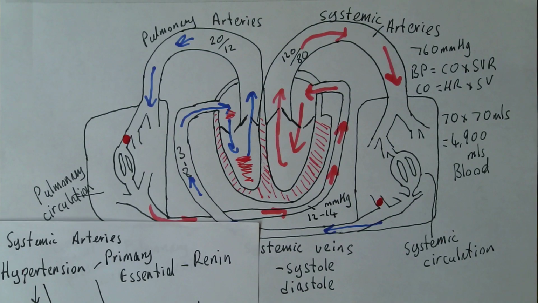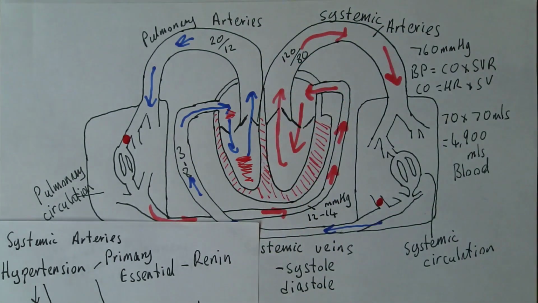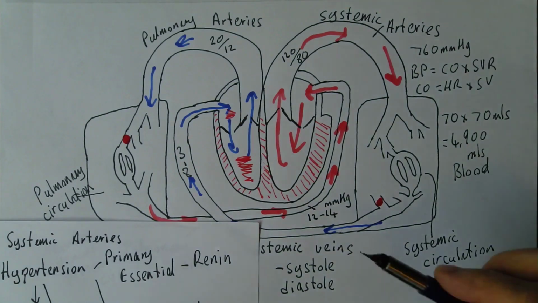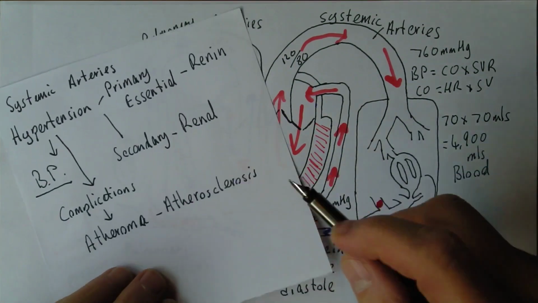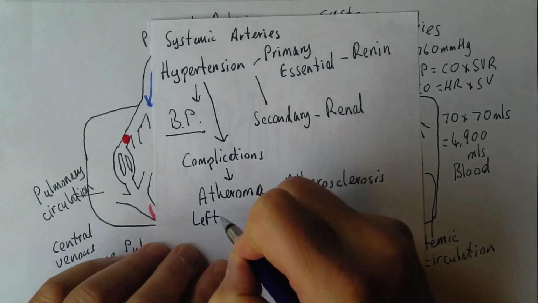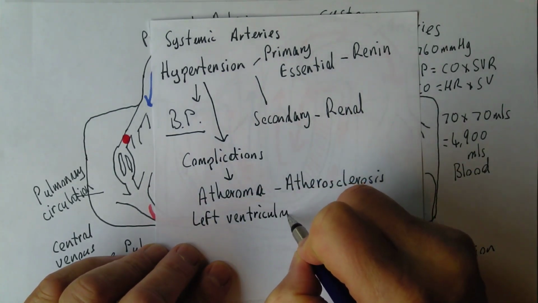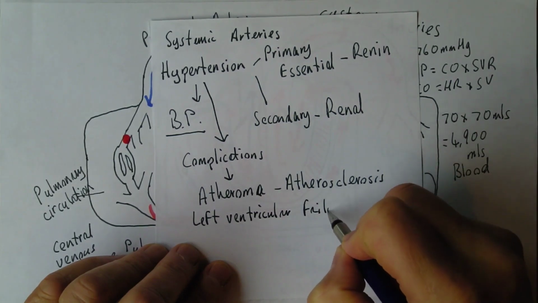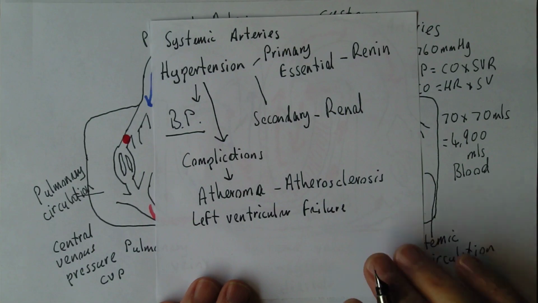And over time, well, to begin with, the left ventricular hypertrophy will compensate. But then over time, the left ventricular hypertrophy will lead to left ventricular failure. So we'll get heart failure, start as left ventricular failure. So that will lead to heart failure.